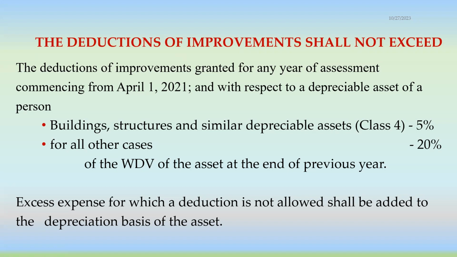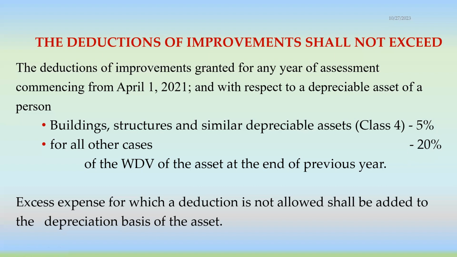According to that schedule, we have six classes. Repair expenses incurred only for the class 4, then the restriction is 5%. If this repair or improvement is done on classes other than class 4, the restriction is 20%.